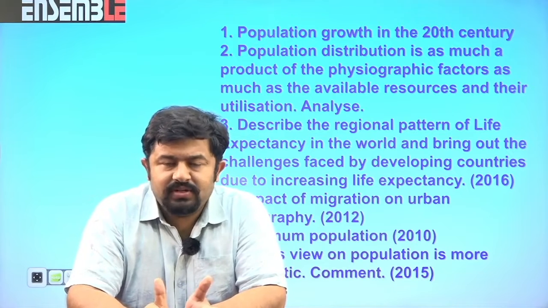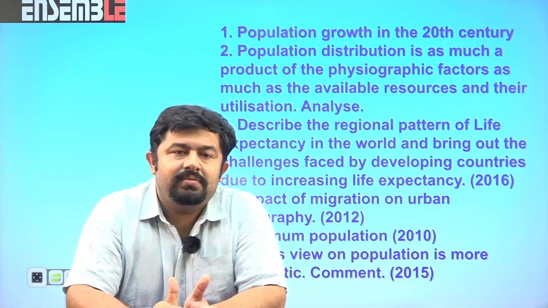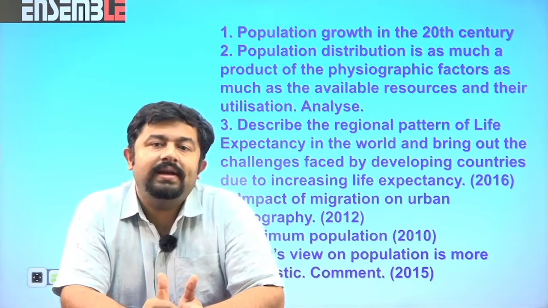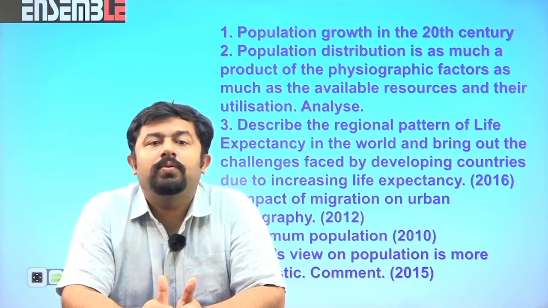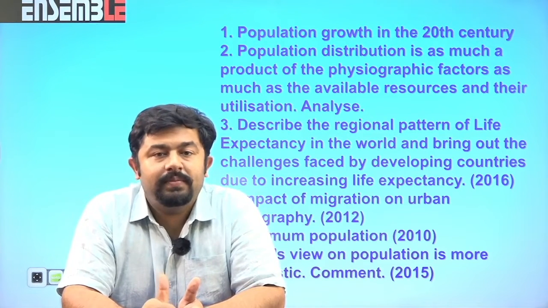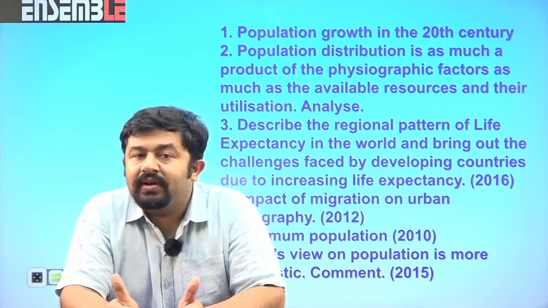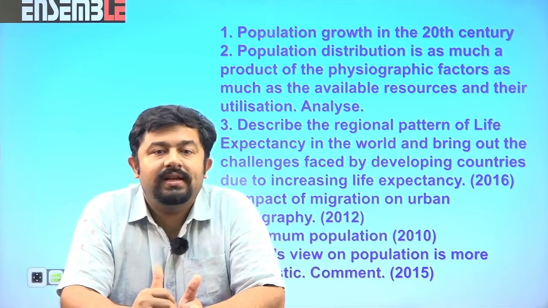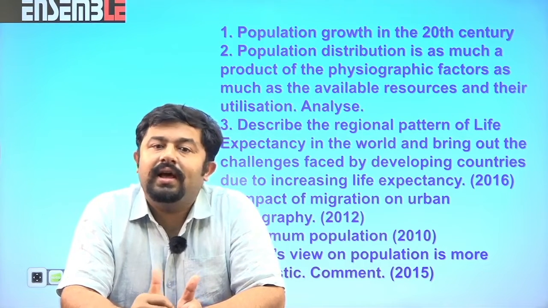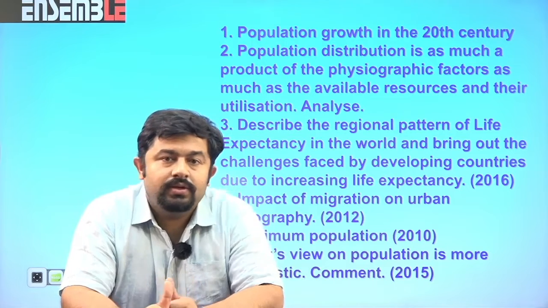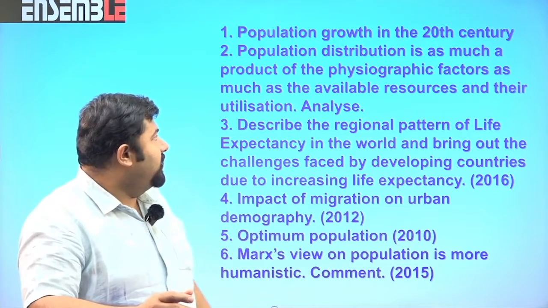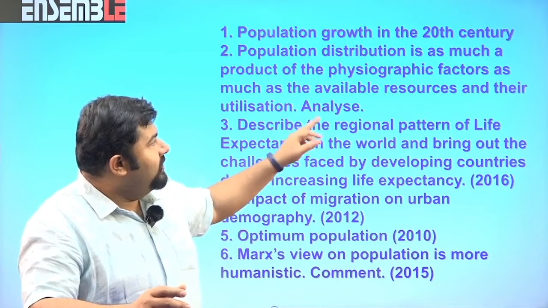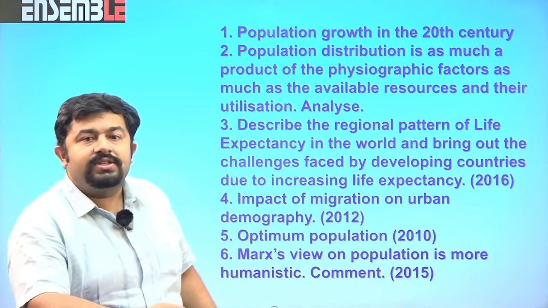So, what is the question saying? The question is saying that population depends on the physiographic conditions. True. Because the population in desert will be less as compared to fertile plain. The population in tundra will be less as compared to temperate region. So, physiography is important. But one more important thing is that of available resources and their utilization.